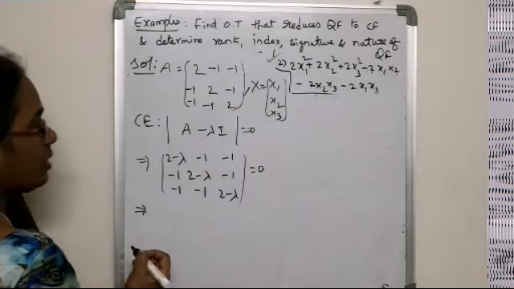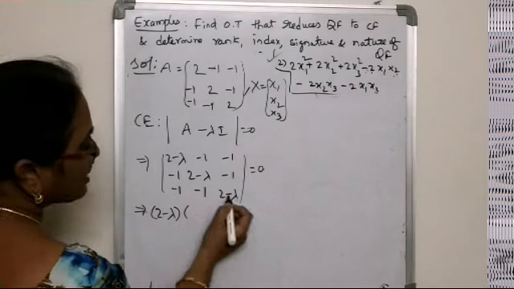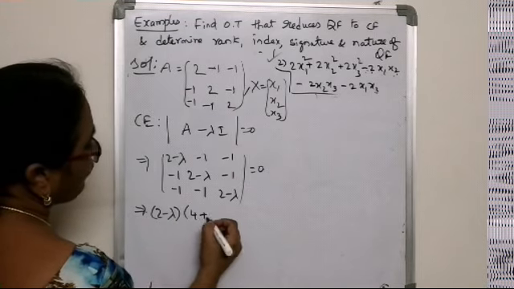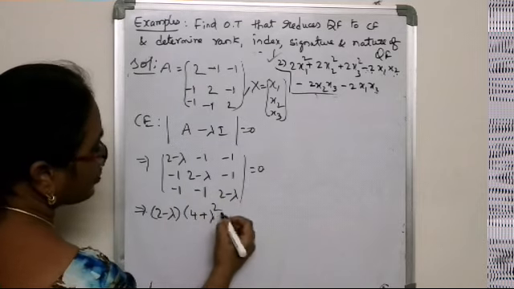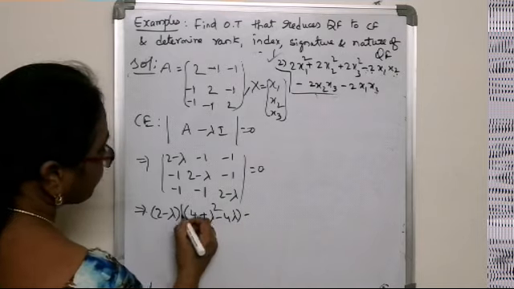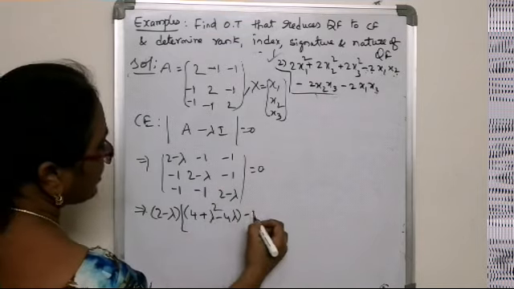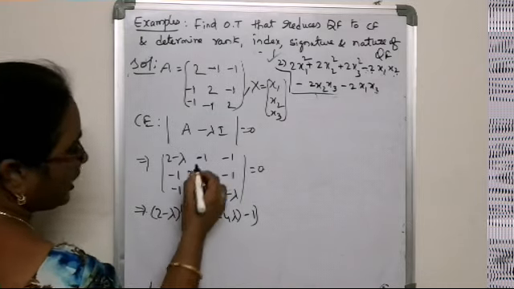On expanding the determinant, we get 2 minus lambda into 2 minus lambda whole square. It is 4 plus lambda square minus 2 lambda minus 2 lambda, that is minus 4 lambda, minus 1 into minus 1, it is 1. Next element is minus 1 in the first row.